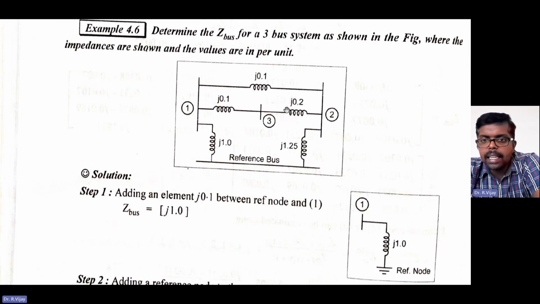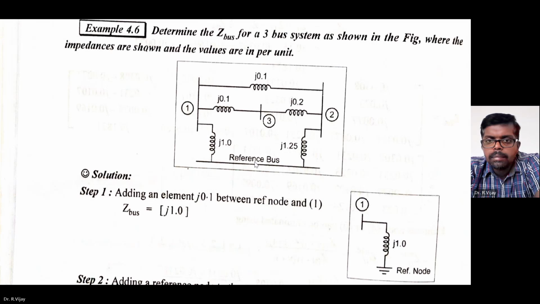If the element is added between the existing two buses like this, say for example, this particular element we added over here, this is between the existing two nodes. You need to be very careful.